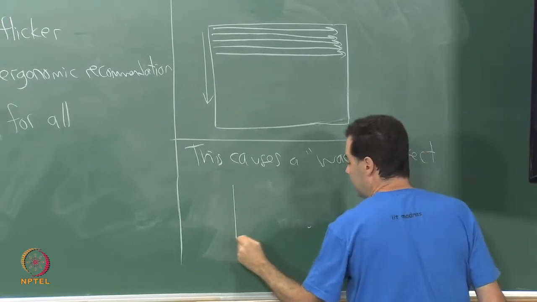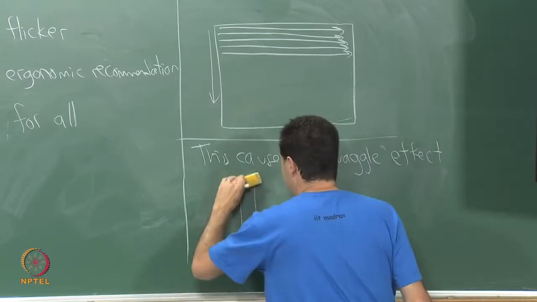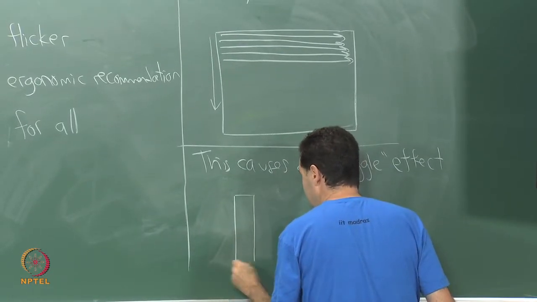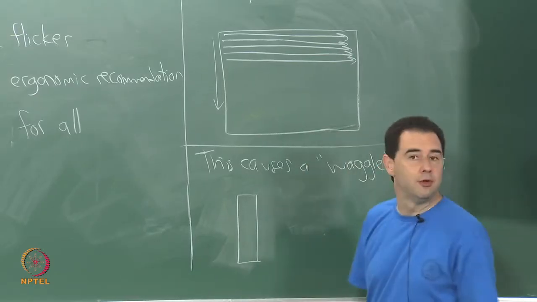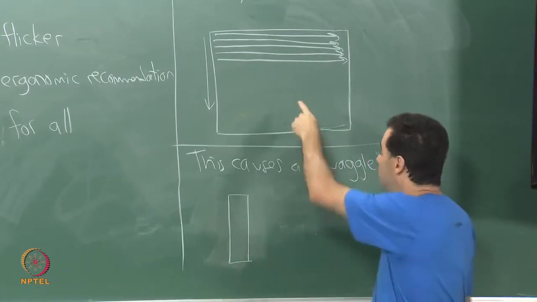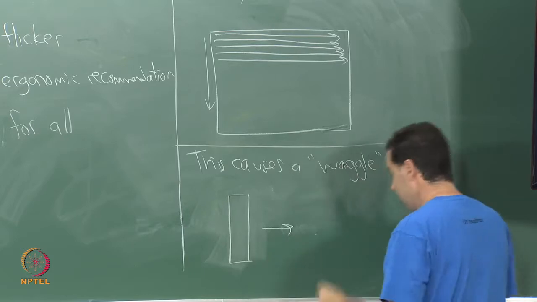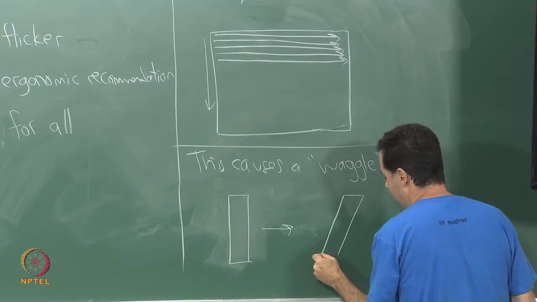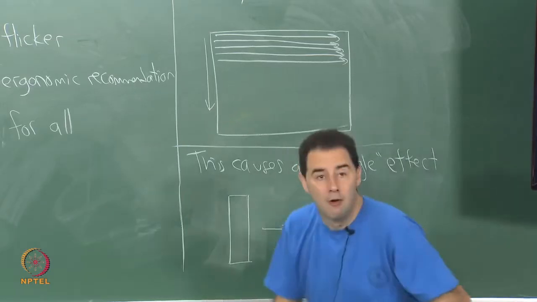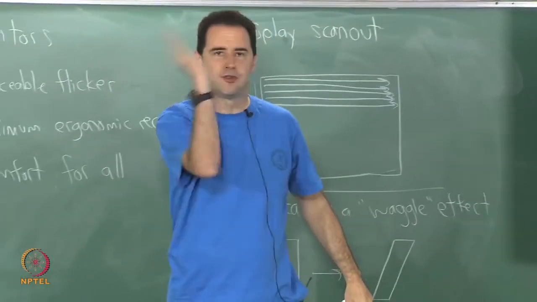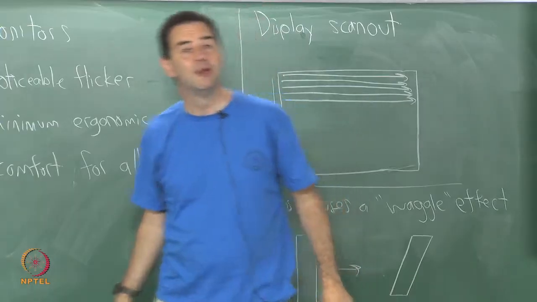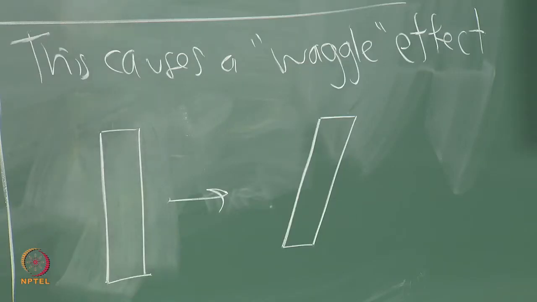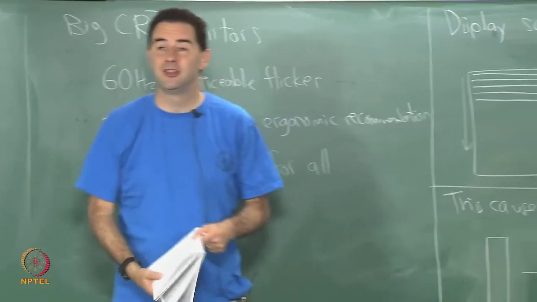In other words, some object that perhaps is supposed to look vertical, but when you turn your head back and forth, when you have the scan out problem, may look like this. Right, so as you turn your head back and forth, this object may seem to waggle side to side in some way, or undergo some kind of distortion. So that's one problem that we face.